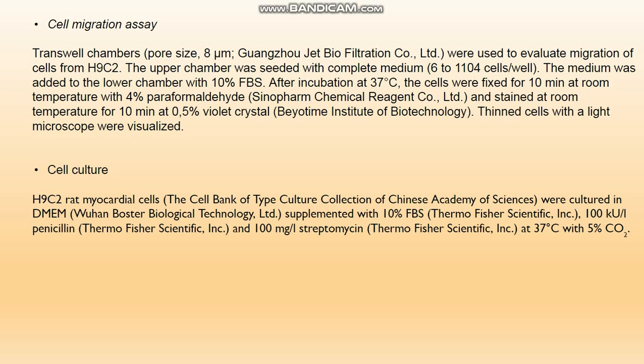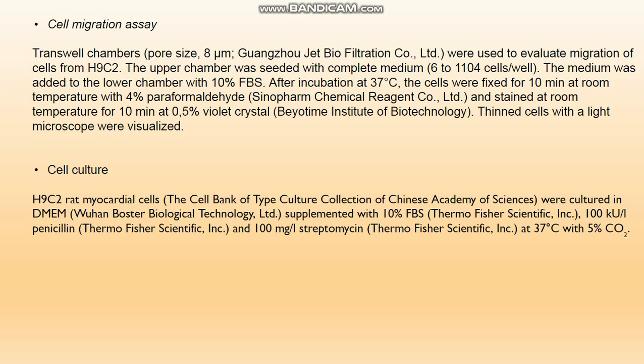After incubating at 37 degrees, the cells were fixed for 10 minutes at room temperature with 4% paraformaldehyde and stained at room temperature for 10 minutes with 0.5% crystal violet. The cells were then visualized with a light microscope.